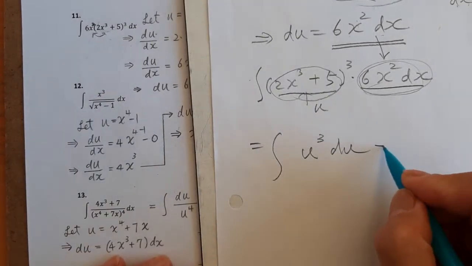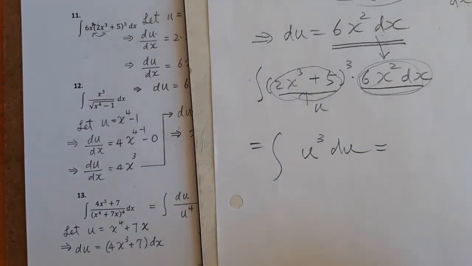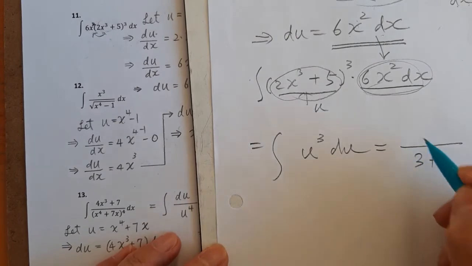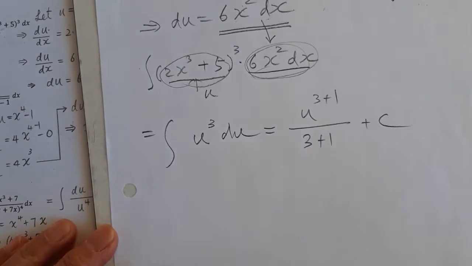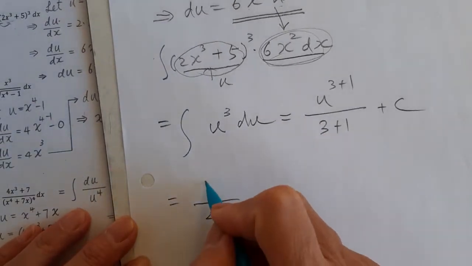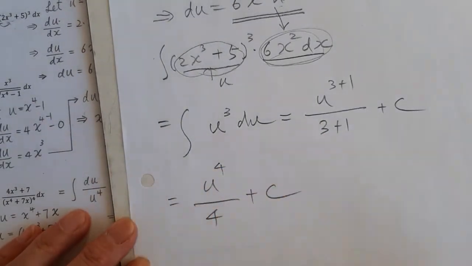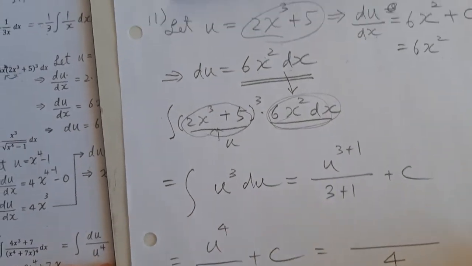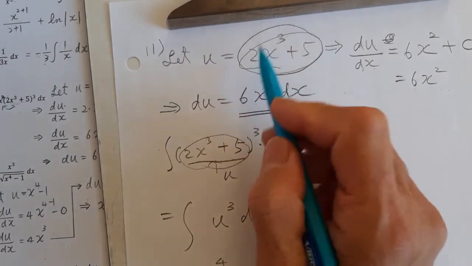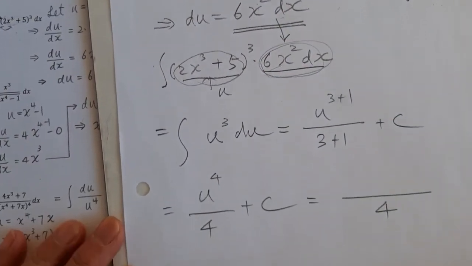And then use the power rule. So it's going to be 3 add 1, u to the 3 add 1, plus c. That is going to be u to the power 4 over 4 plus c. Then substitute u back. What is u? We assumed u is 2x cubed plus 5.